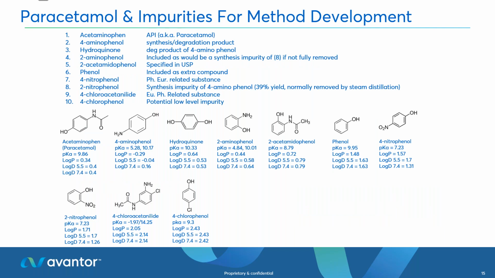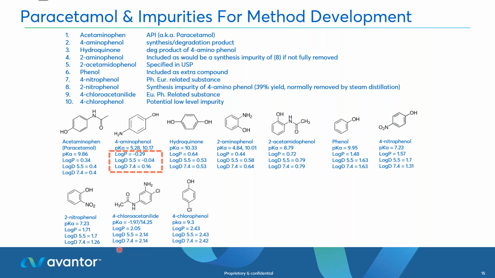This one is, we're lucky here because we've actually got a known substance. We've got 10 components in our mixture, and we've got all of the information available here about the analytes of interest. What that means is we can look at some of these properties and say, is that screening method fit for purpose? In this case, we've got the 4-aminophenol, which is quite a polar compound.